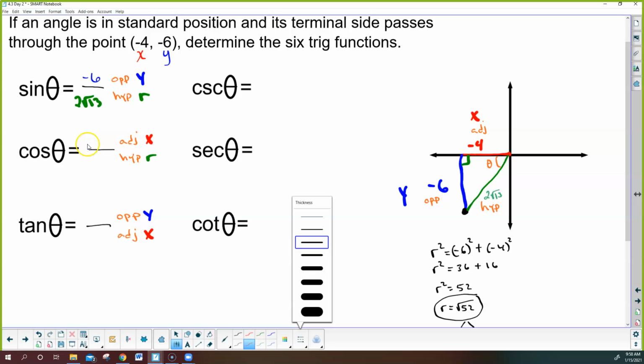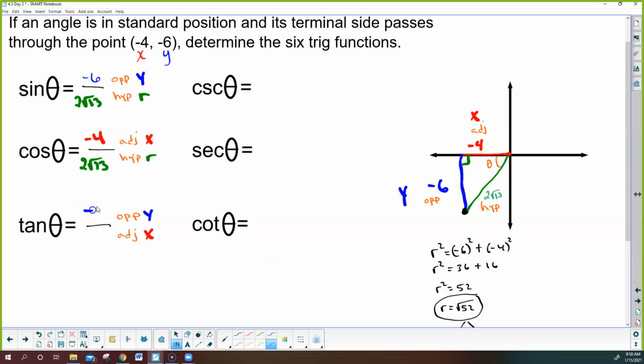And then x over r is -4 over 2 square roots of 13. And the y value, that was -6 over the x value, which is -4.